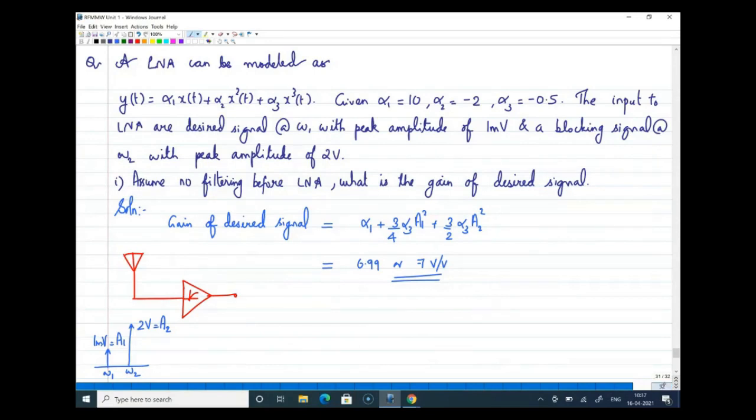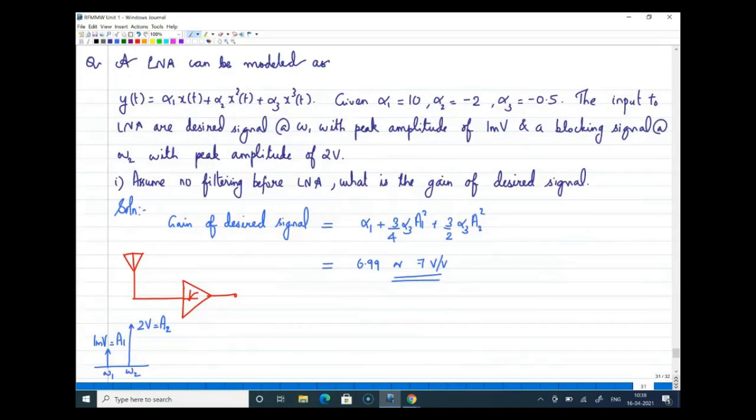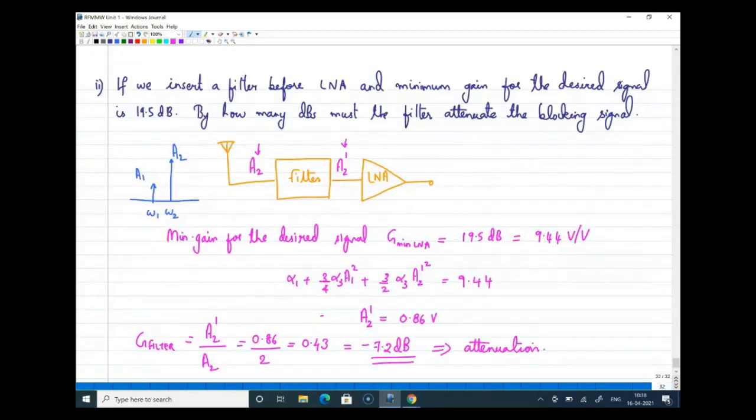But later we saw that, in the question itself it is given that there is an interferer coming along with that. Now we are trying to reduce the effect of that interferer by connecting a filter at the input side. So this problem dealt with the filter: how we can attenuate your interferer or blocking signal while maintaining a specific gain for your LNA.